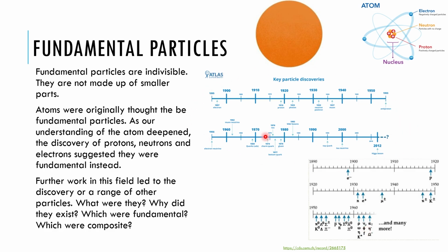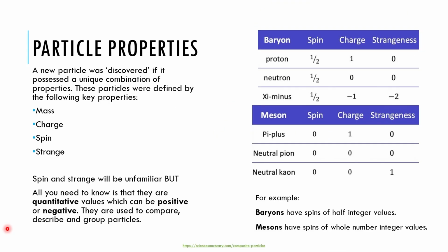And in this top timeline, you're going to see that there is a bunch of particles which are here, all of which are outlining discoveries of fundamental particles. In order for a particle to be a newly discovered particle, essentially they had to be distinguishable from other particles. And what that means is they need to have different sets of properties. In this topic, the main sets of properties that we will refer to are mass, charge, spin, and strange.